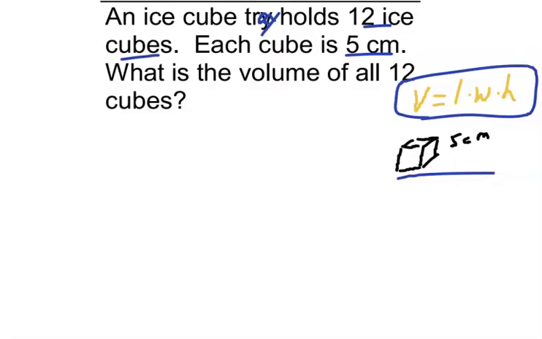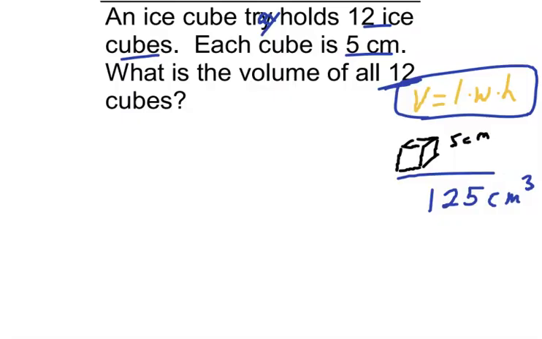So if you do 5 times 5, that's 25. 25 times 5 is 125. Okay, so one of the ice cubes is 125 centimeters cubed. So at this point, we have to take that and multiply it by however many cubes there are total.